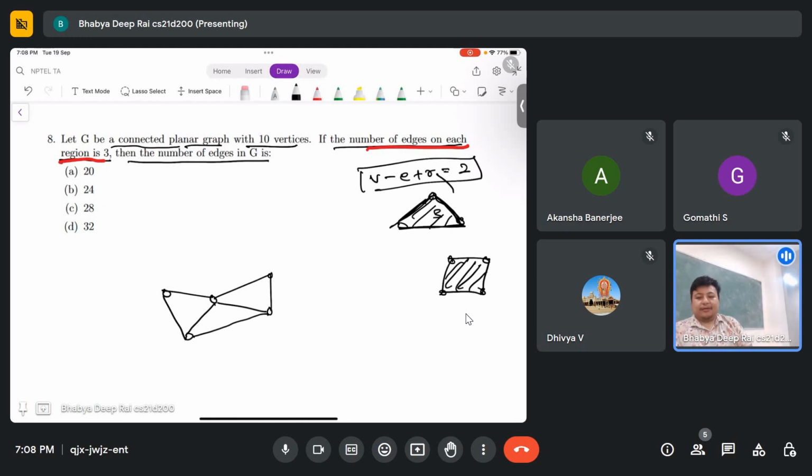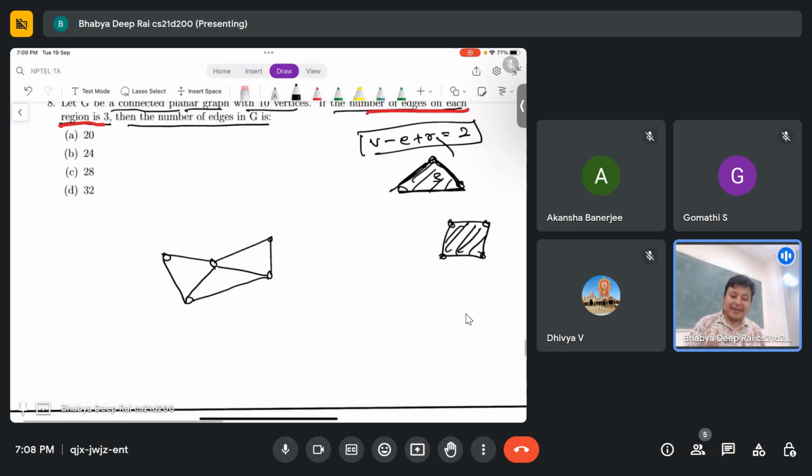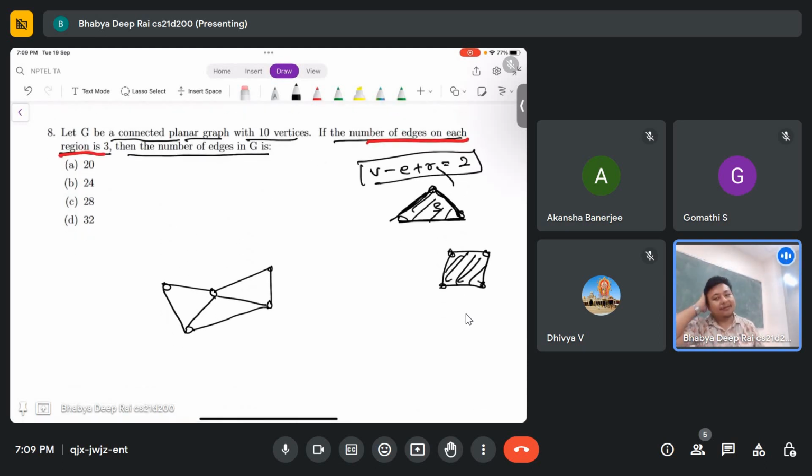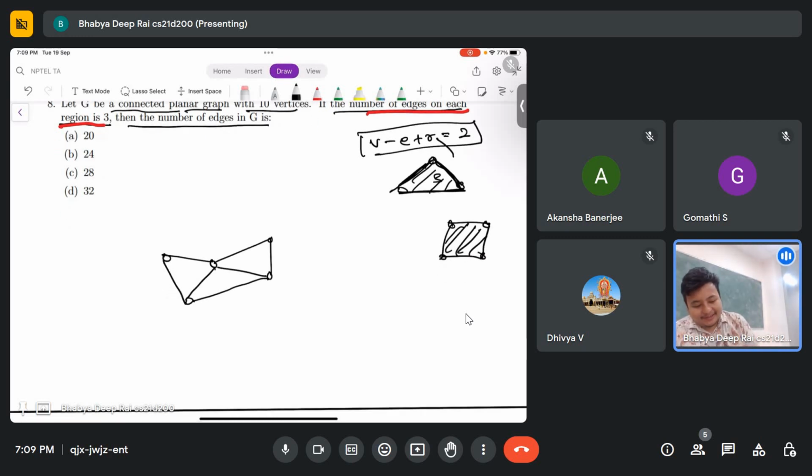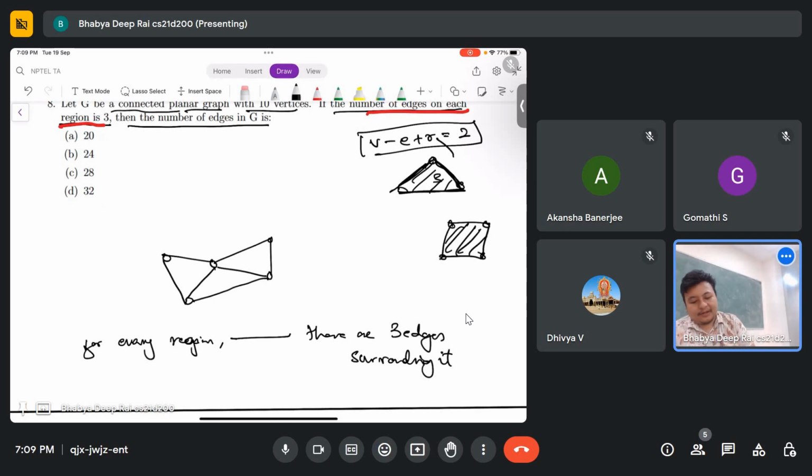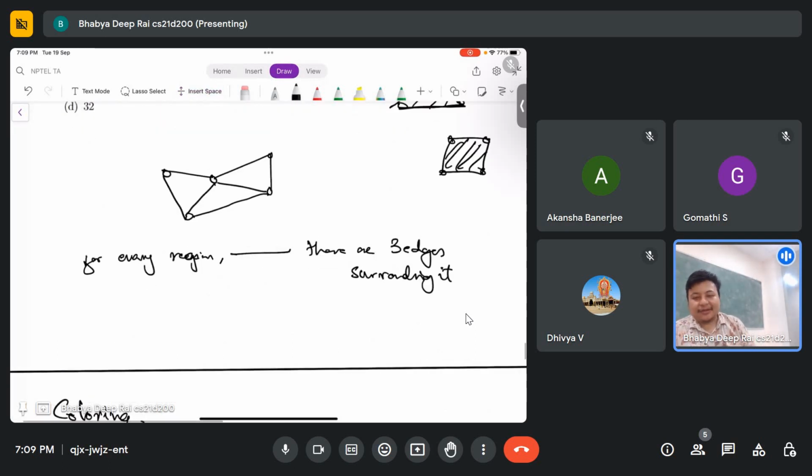So it will look something like this. Now we can see that maybe the number of edges actually depends on the number of regions, because as I'm increasing the regions, the number of edges are increasing. So for every region there are 3 edges surrounding it.